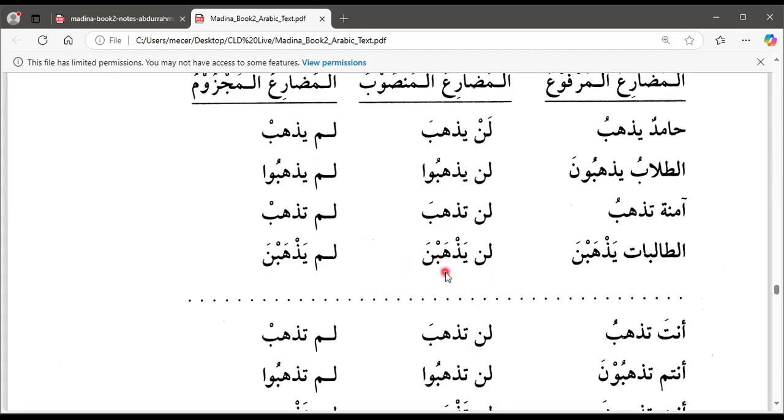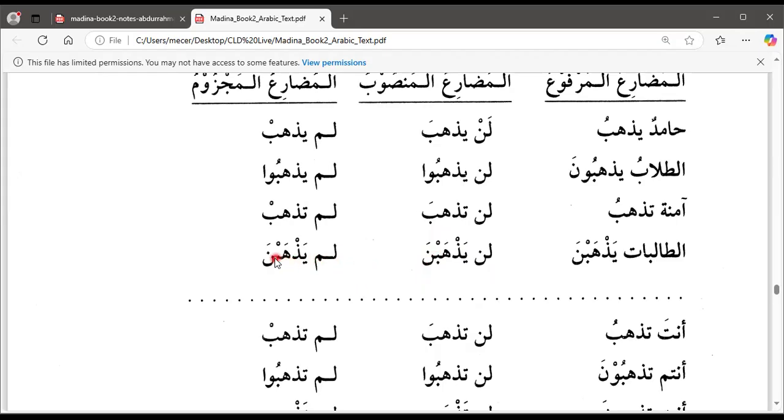So it's mabniyun ala sukun. This nun is the nun of the fa'il, it's no longer the nun of rafa'. It's the nun al-niswa, which refers to the feminine.